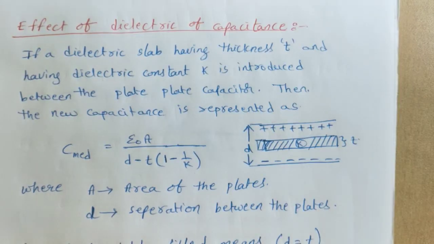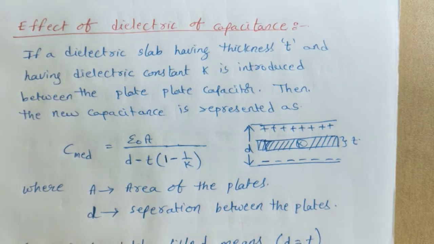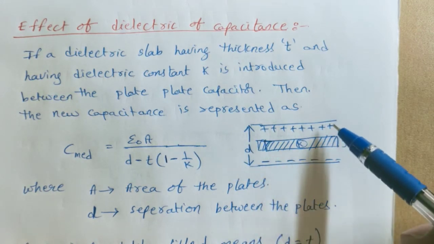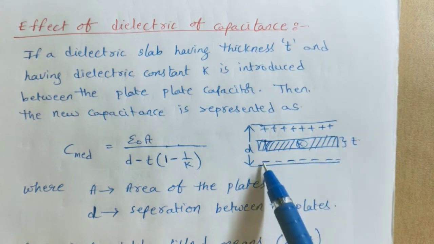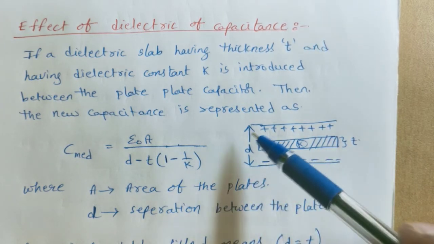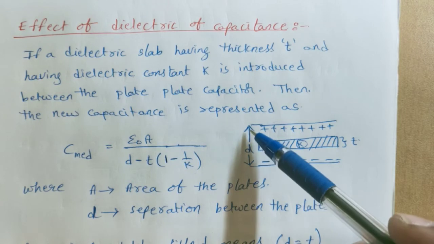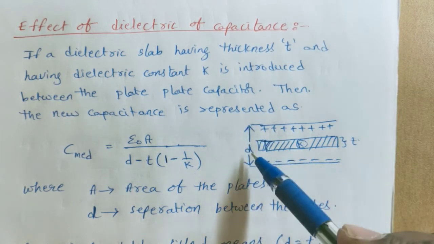Okay friends, now we want to discuss the effect of a dielectric on capacitance. We know very well the formula C is equal to epsilon naught A by D for a parallel plate capacitor. For example, this is one parallel plate capacitor. Positive charge is given to this plate and negative charge to this plate, with a distance D maintained between them.